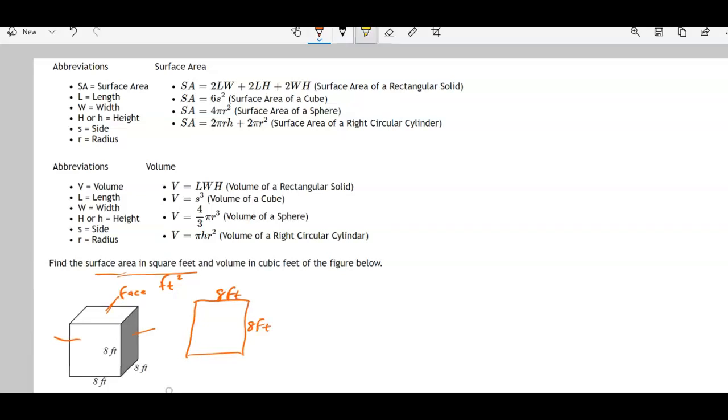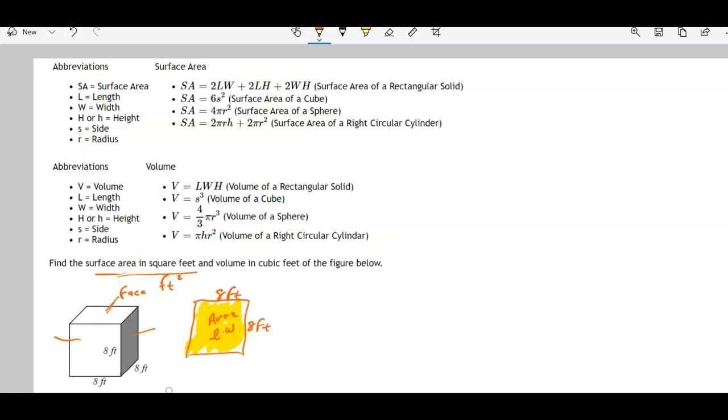When we look at the area, we're talking about this region within those one-dimensional line segments that enclose it. So this would be an area. And the area of a square, or in this case a rectangular region, is the length times the width.